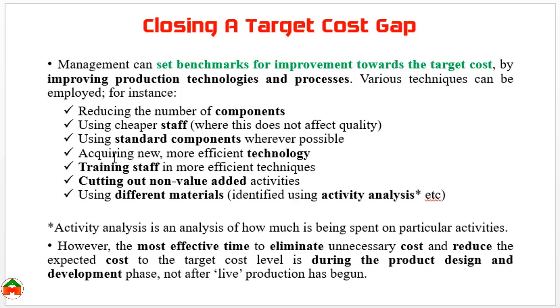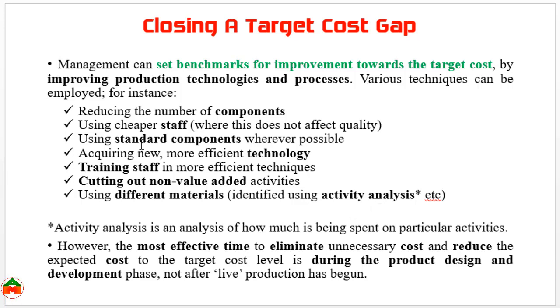As well as we can acquire new and more efficient technology for producing the product. We can ensure training staff in more efficient techniques. We can ensure cutting out non-value added activities, as well as we can use different materials, and for that purpose you can do activity analysis.